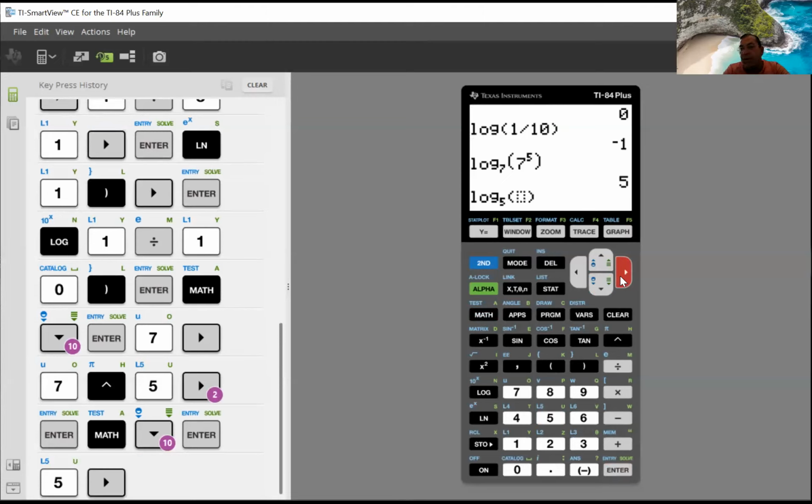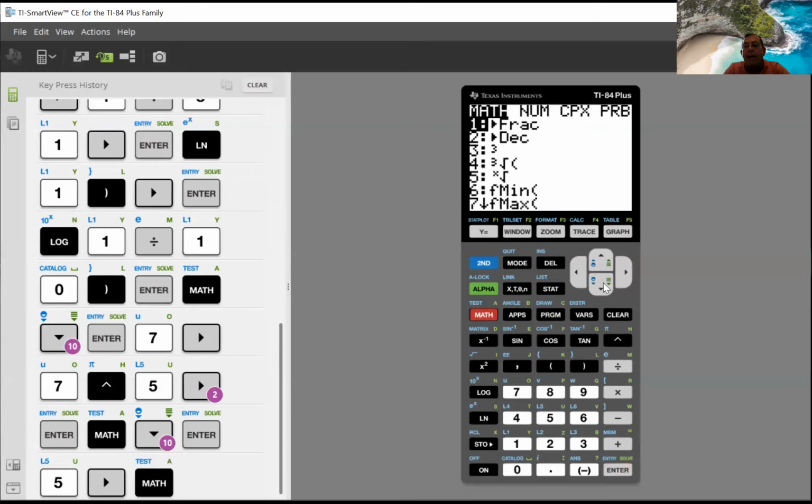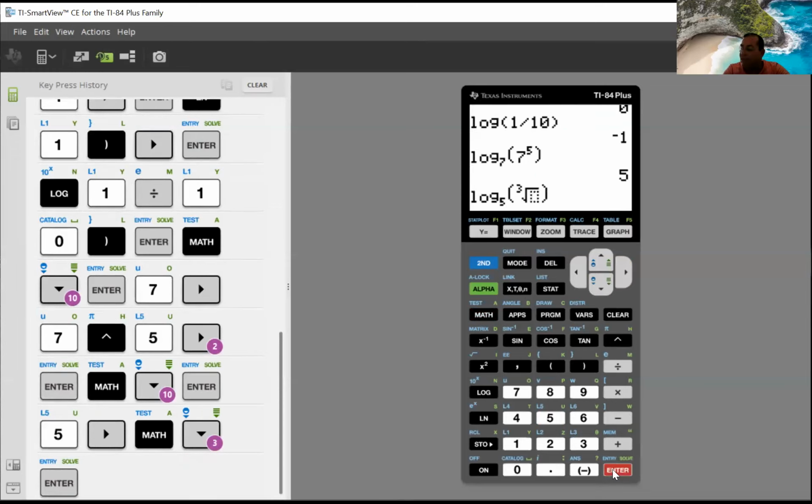Now for the result, I got a cube root. To get a cube root, you hit math, and number 4 is a cube root. Now, number 5 will let you do the other roots with that x in front, and I'll show you how to do one of those later. But for a cube root, I hit enter, and underneath was my 5.